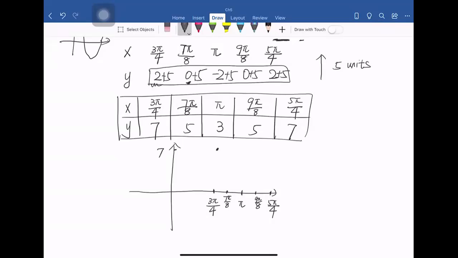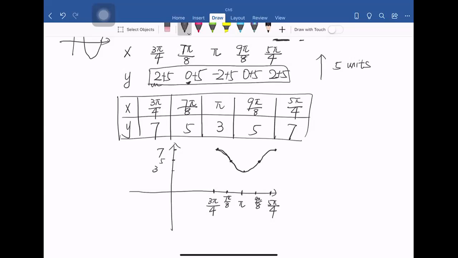Let's assume this is 5. And then the next one, 3. And then 5. Then this is 7. And use a smooth line to connect them.